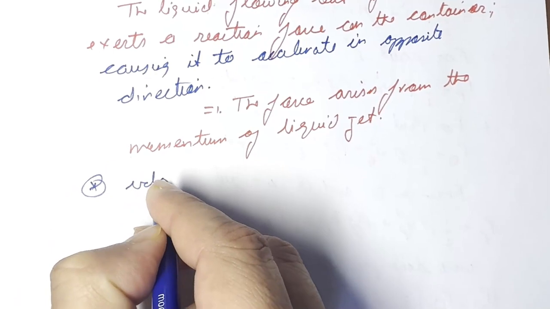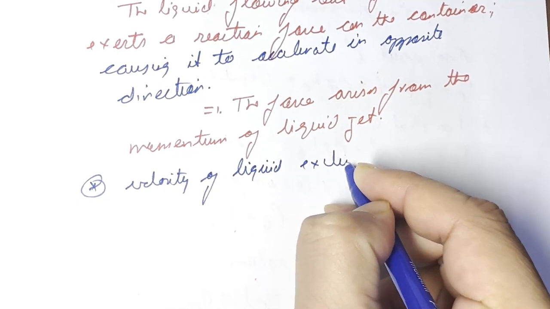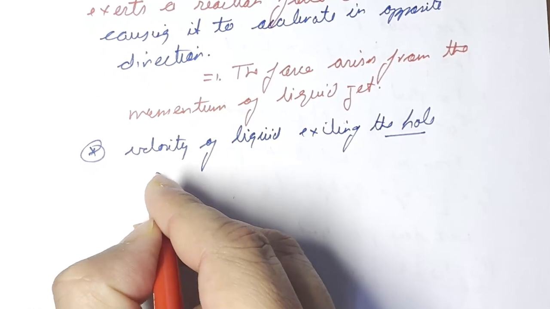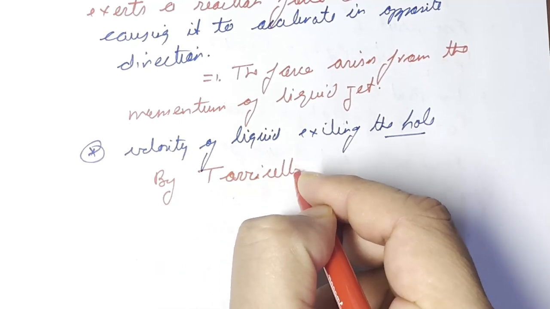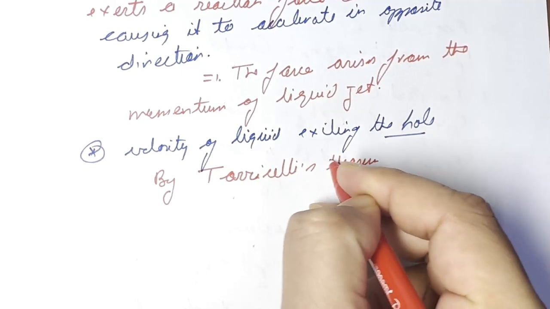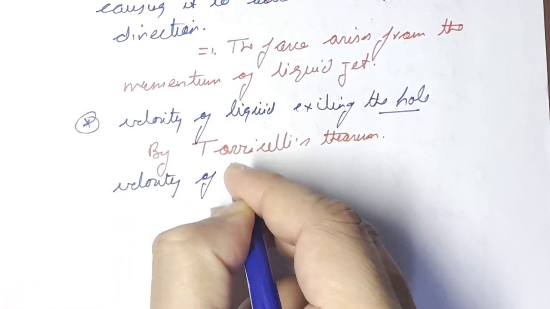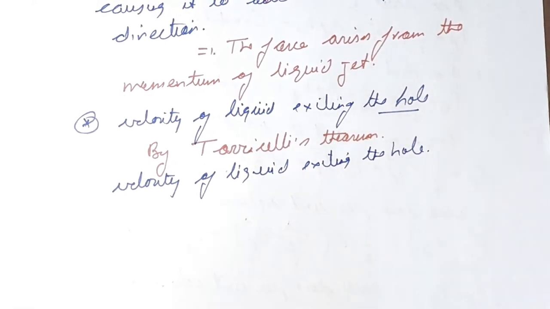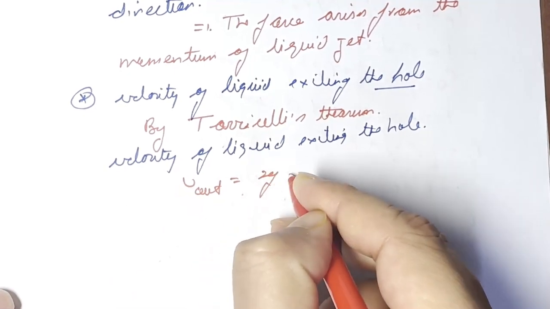So by Torricelli's theorem, the velocity of liquid exiting the hole, let us call that V out, will be equal to the square root of 2g multiplied by h.